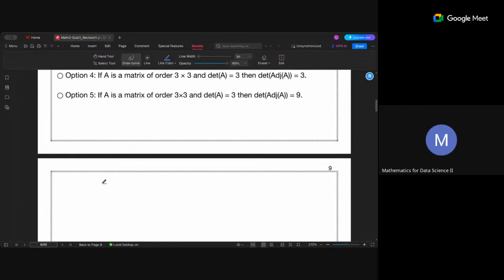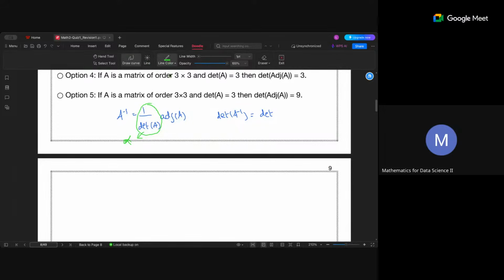So what is the formula you know for the inverse of a matrix? Finding the inverse in terms of the adjoint: 1 by determinant of A, adjoint of A. So A inverse is equal to 1 by determinant of A into the adjoint of A. This means that determinant of A inverse is equal to the determinant of, let's say this number is some alpha.